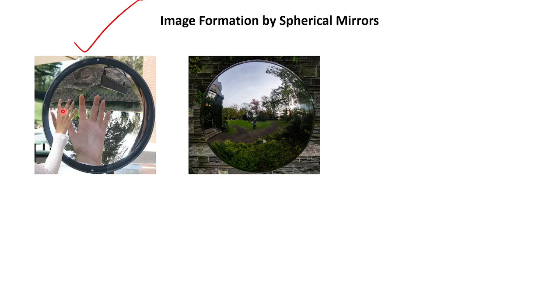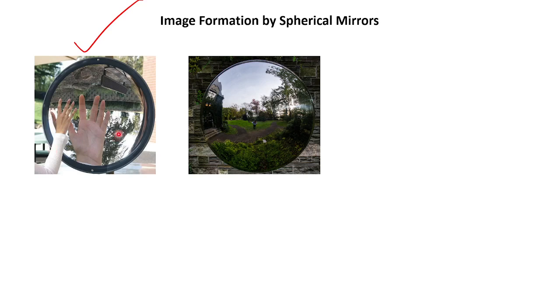If the object is placed very nearer to the mirror, what do you expect? For example, this hand is very nearer to the mirror, meaning that it is between the pole and focus. If the object is placed very nearer to the concave mirror, you will get an enlarged image, but that enlarged image is not inverted, it is erect.